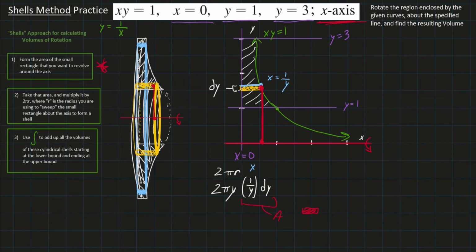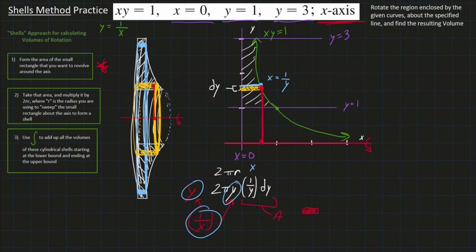And again, there's potential for some confusion right here. Why am I not taking this y and putting it in terms of x? Why am I not writing this? Because this equation does give me the y's. Well, this equation here is in terms of x, and the integral that I've built so far is in terms of y. So I'm absolutely fine just putting y here. I just want those y coordinates.